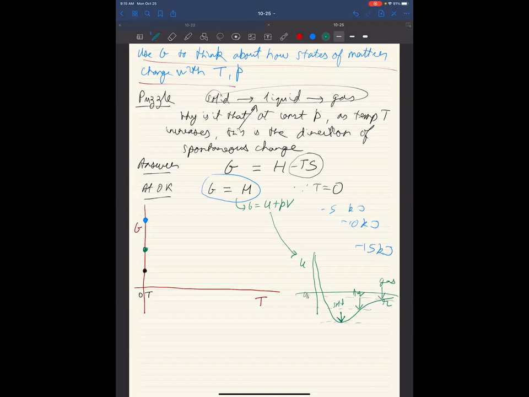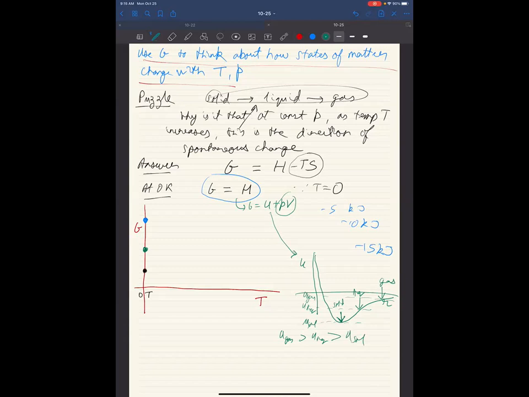So U gas, U liquid, and U solid. So if G was entirely U, if there was no contribution from pressure and volume, then we can see that U gas is more than U liquid, more than U solid.